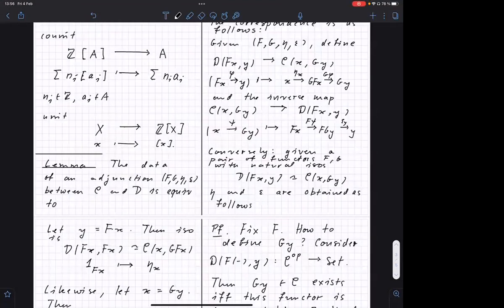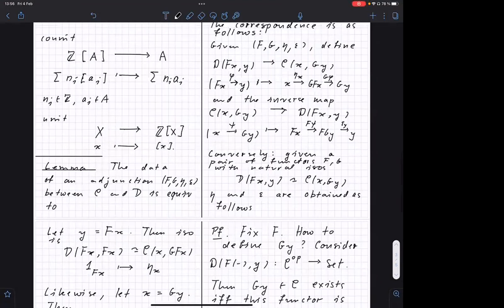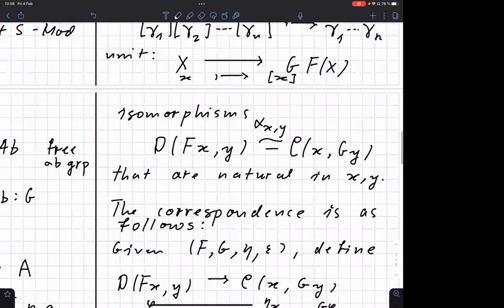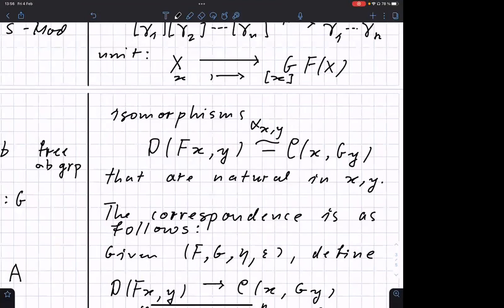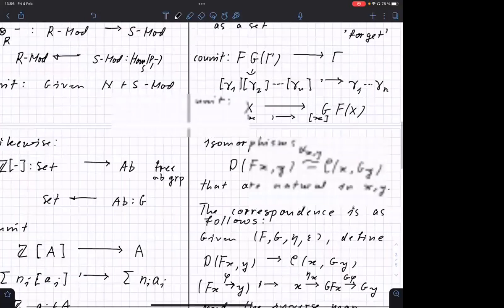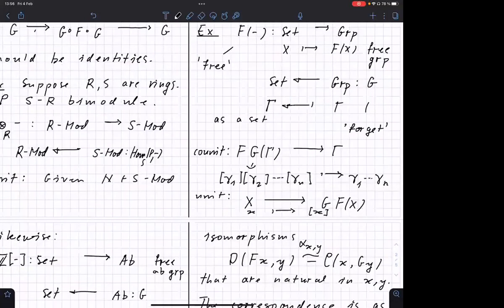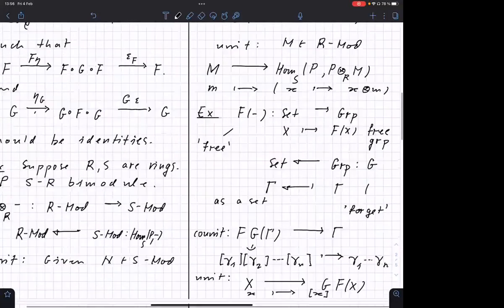One was in terms of F, G, eta, and epsilon, and the other was in terms of an isomorphism of Hom sets. We last wrote the counit FG gamma to gamma.